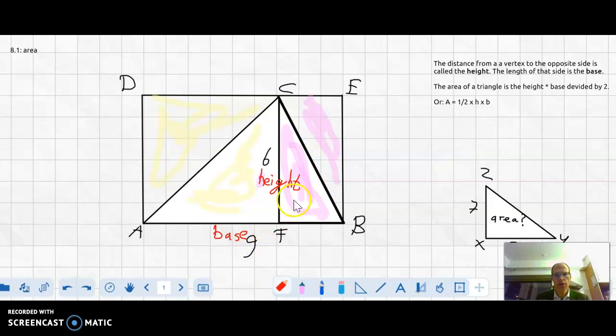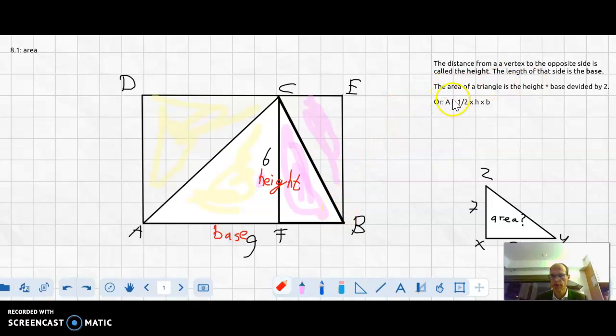And as you can see, the height, CF, is the same distance as BE or DA. So the area of the rectangle is the height multiplied by the base. So the area of the triangle is the height multiplied by the base divided by 2.